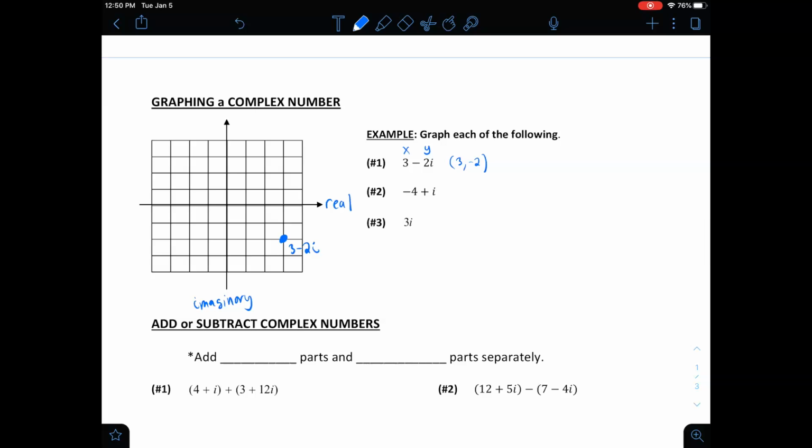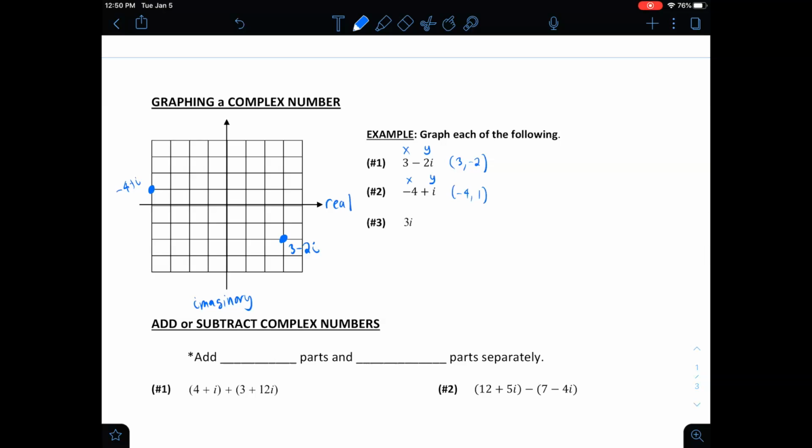Okay? Try number 2 and 3 on your own. See how you do. All right, number 2, we have negative 4 is going to be our x. i is going to be our y. That's going to be the point negative 4, 1. So we go left 4, up 1. And that's going to be negative 4 plus i.